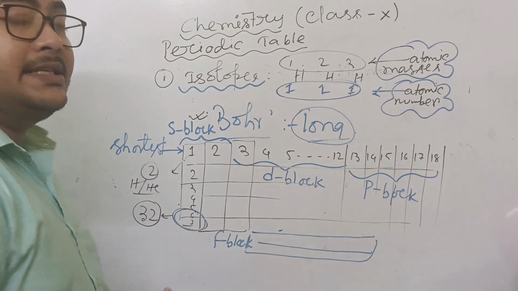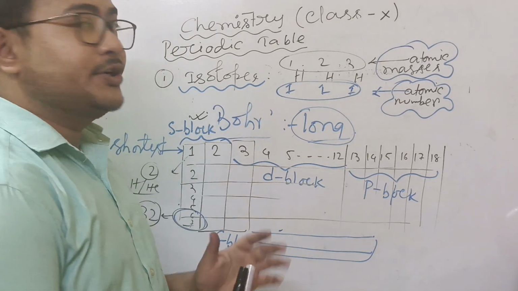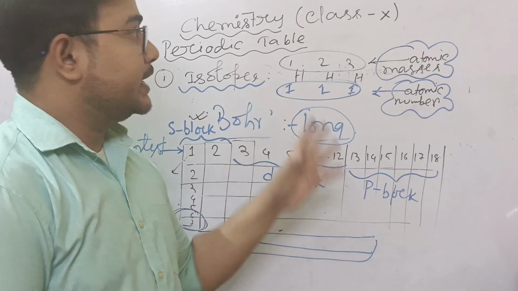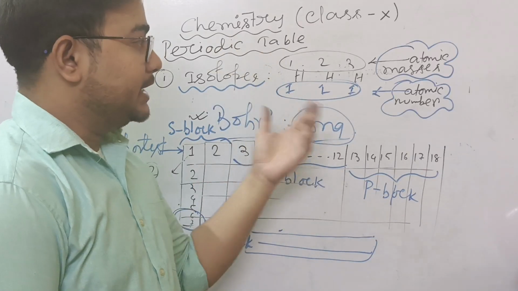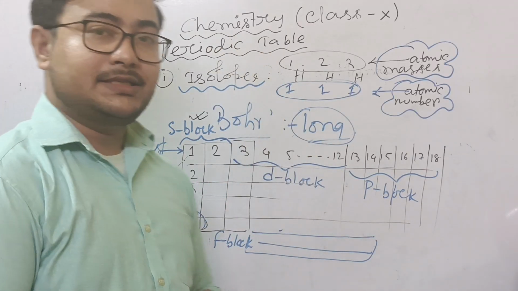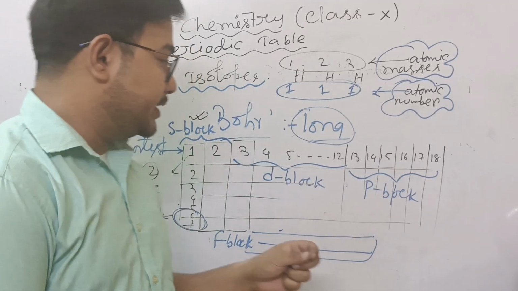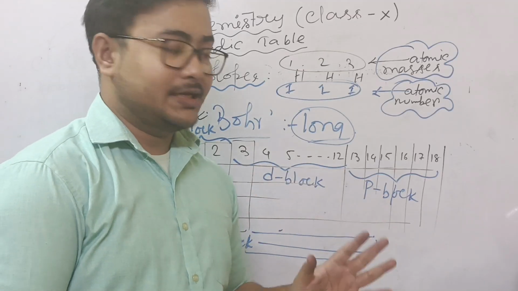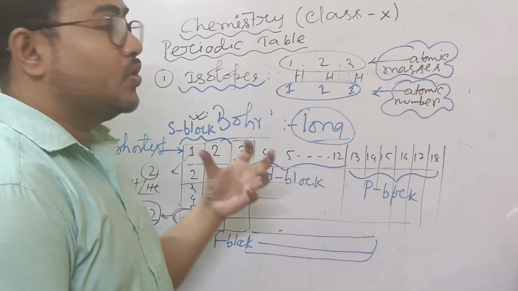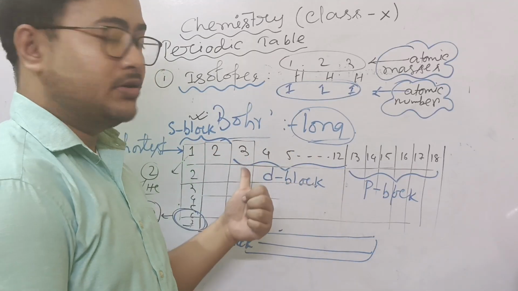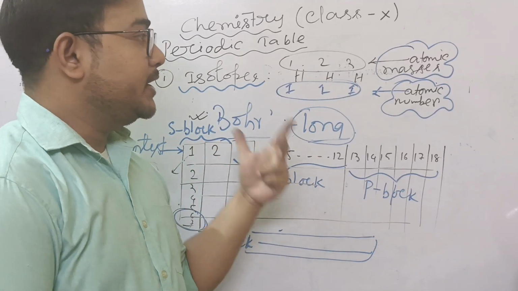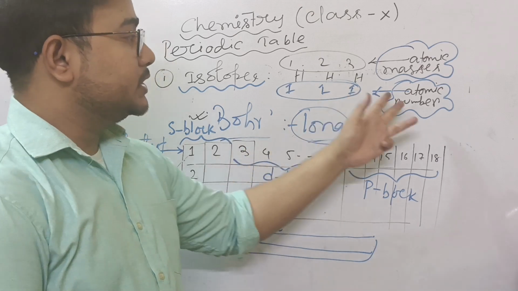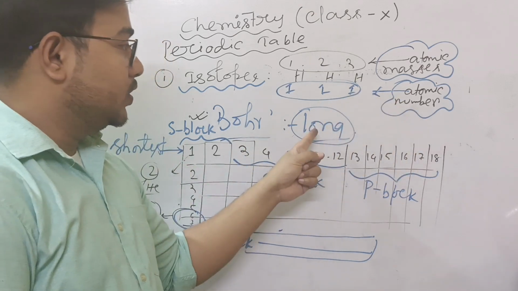So this is the basic concept related to all laws. We already completed all laws regarding this first chapter. In the next class, we will discuss valency as well as all the properties related to radius, ionization energy and so on. So many properties are there. So first try to clear all the laws: Döbereiner's triad law, Newlands' octave law, Mendeleev's periodic law, Moseley's modern law, and the long periodic table.